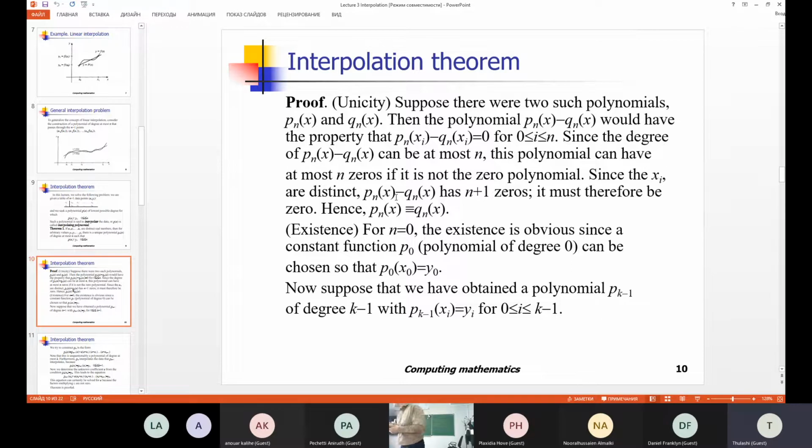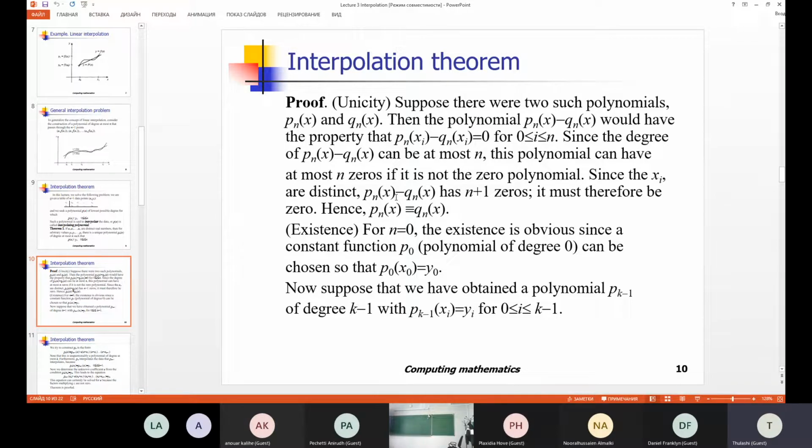Well, let me try to explain the proof. The proof of this theorem is very simple. Actually, it is very simple. But to understand it, you should remember some very simple points from mathematical analysis.